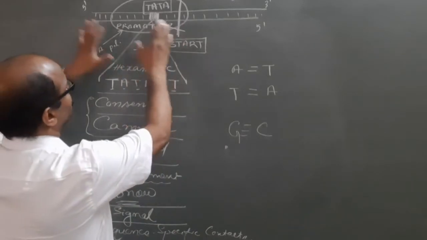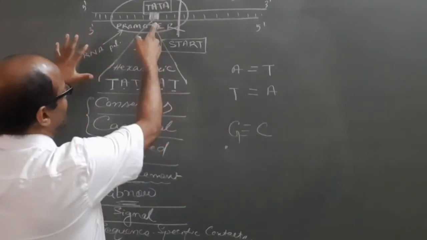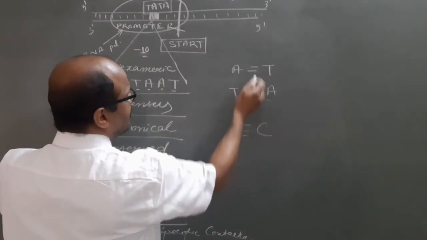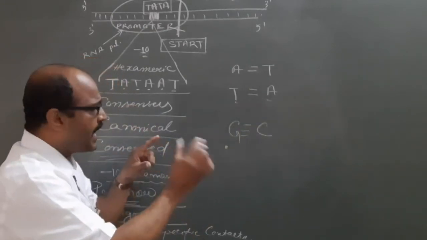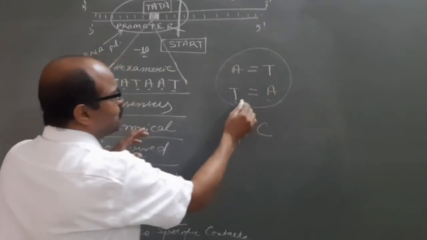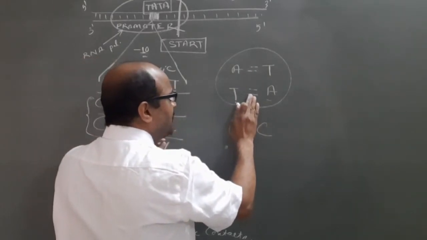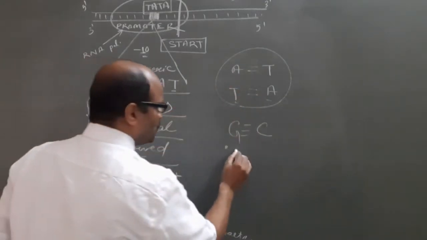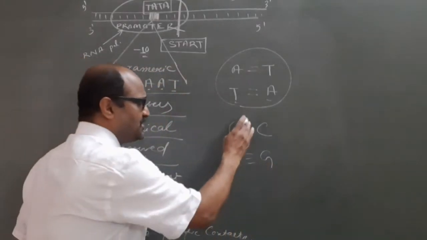Around the Tata box consensus region there is GC, but the Tata box region, this consensus sequence, is rich in A and T, with so many base pairs having 2 hydrogen bonds. So it is energetically easier to denature the DNA as compared to breaking down the DNA strand where GC is present.